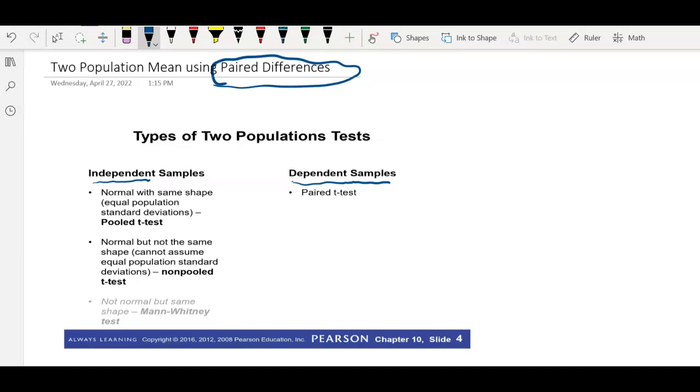So this is when you have, say, one individual. If you think of, for example, a drug trial, or not even a drug trial, but if you were looking to improve your cholesterol level and you decided to go on a healthy diet, you would record your cholesterol level prior to the diet and record it afterwards, but it has to be the same person, meaning it has to be paired information.